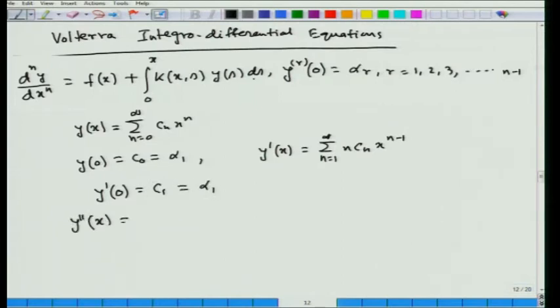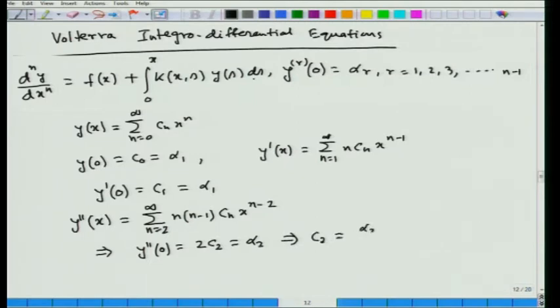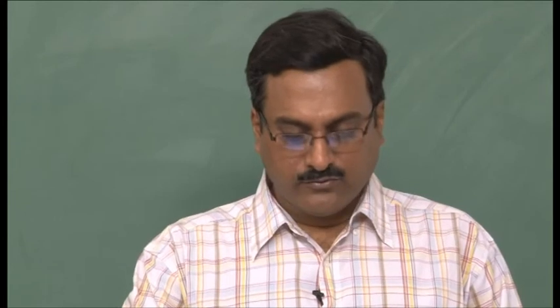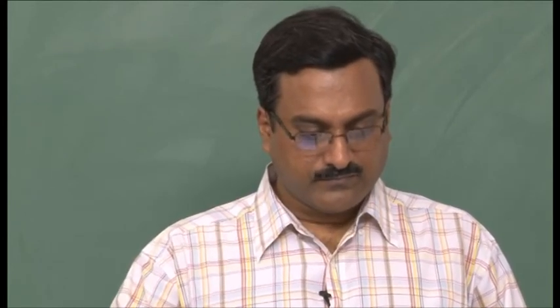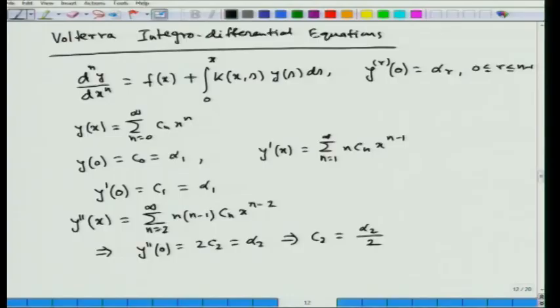Similarly, y''(x) = Σ from n = 2 to infinity of n(n − 1) C_n x^(n−2), and this will give us y''(0) = 2 C_2 = α_2, implying C_2 = α_2/2. So, the first n constants of this power series can be obtained by using these initial conditions, and then we have to substitute this series into the equation, and we can find the solution by equating like powers from both sides.